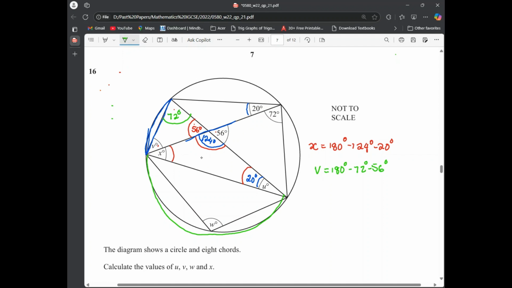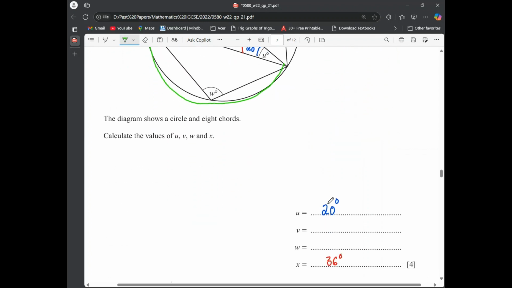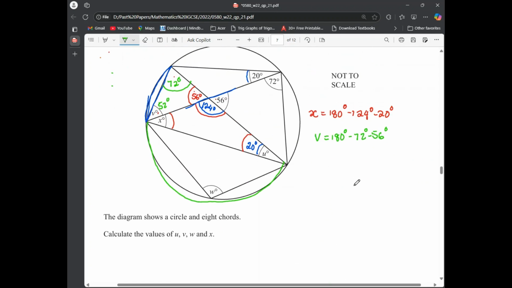By similar reasoning to the previous triangle, interior angles of a triangle give you 180 degrees. 180 minus 72 minus 56 is equal to 52 degrees. So I get my V equals 52 degrees. Let's write it in there. 52. Right, now I just need to work out W.